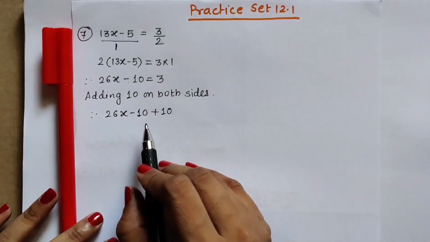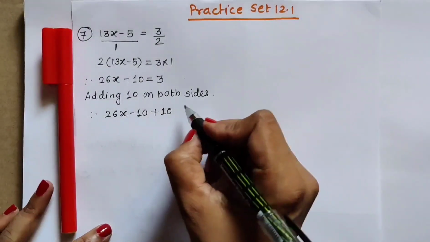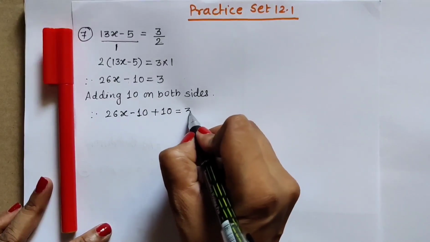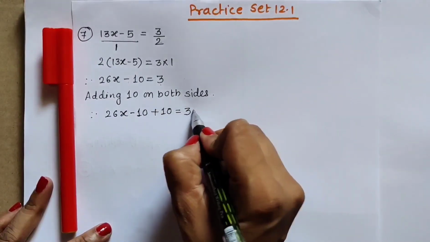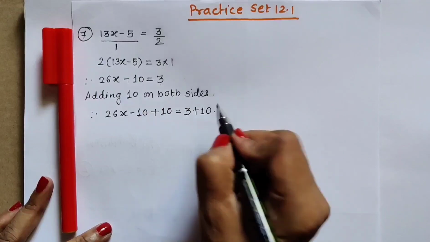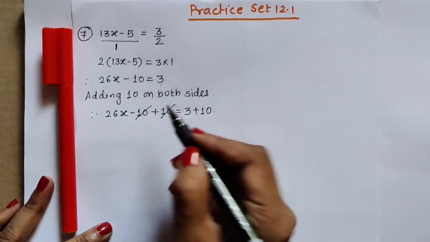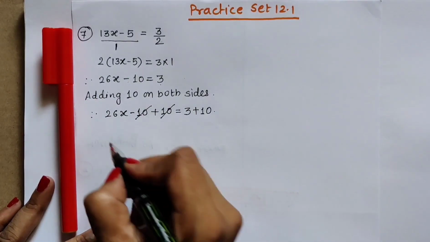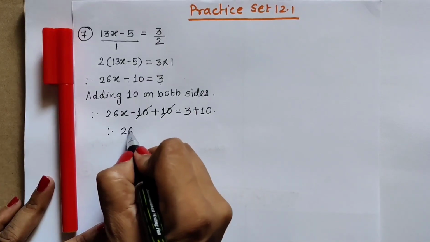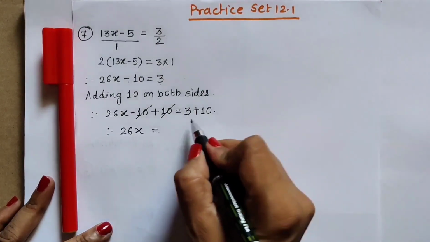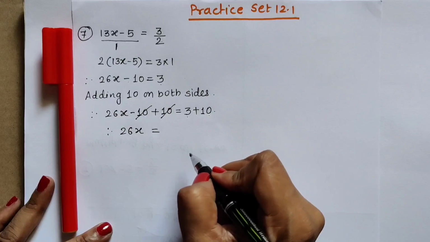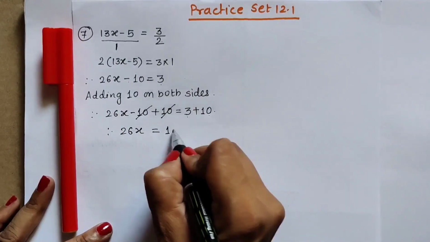That means we have added 10 on the left hand side. Now we have to add 10 on the right hand side. On the right hand side 3 is there, so add 10 here. Now here minus 10 plus 10, 0, getting cancelled. What is remaining on the left hand side? 26x is equal to 3 plus 10. We can do this operation. 3 plus 10 is 13.